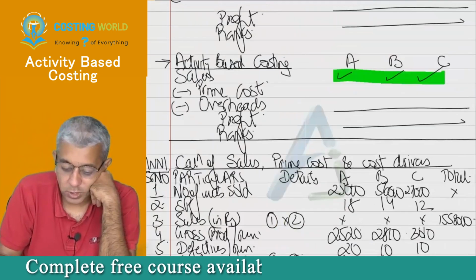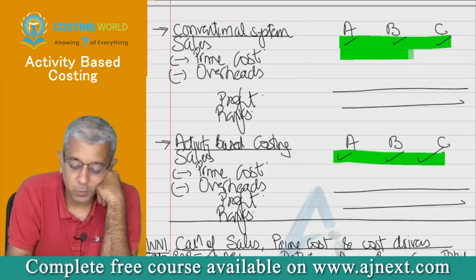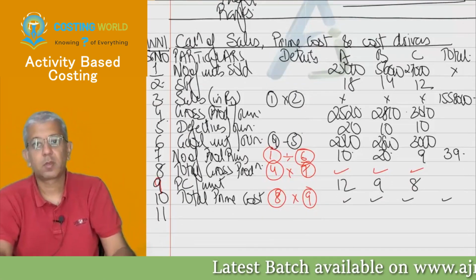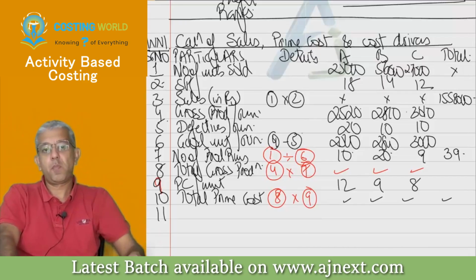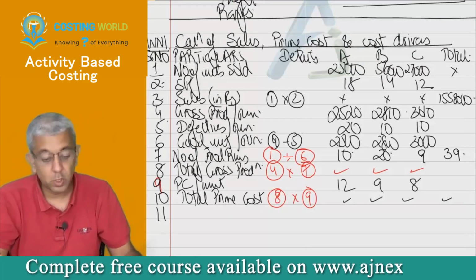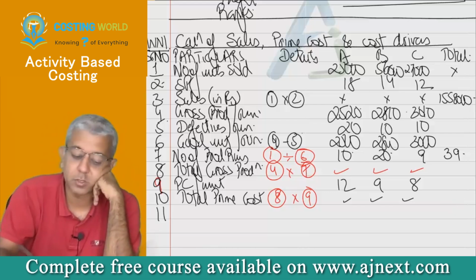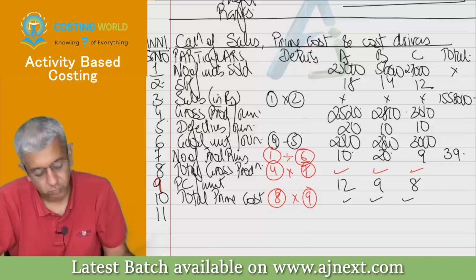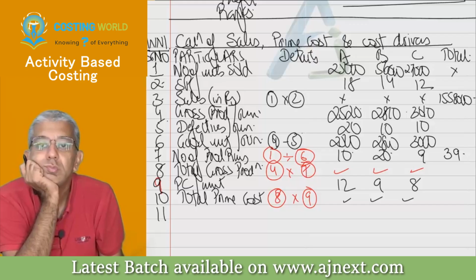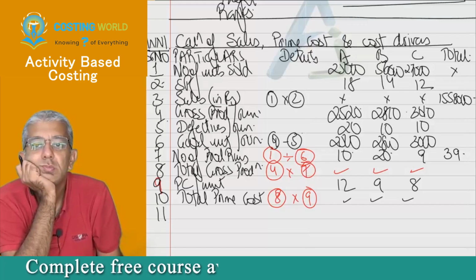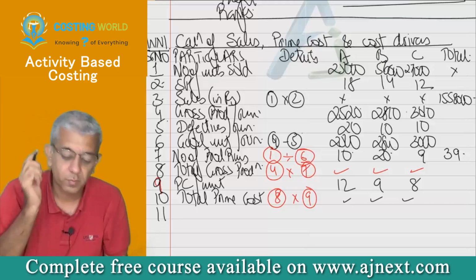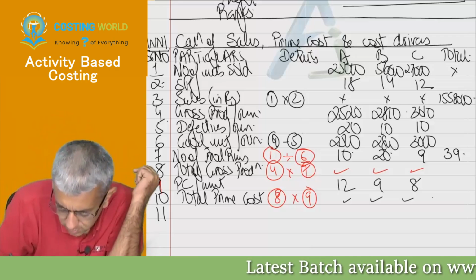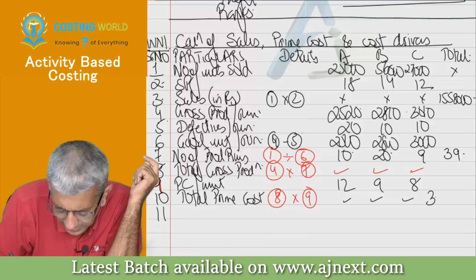Reach till total prime cost and put that in your above two tables, please. Finish off till prime cost, please. Tell me the total prime cost, please, just for the verification. 3 lakh 3,400.